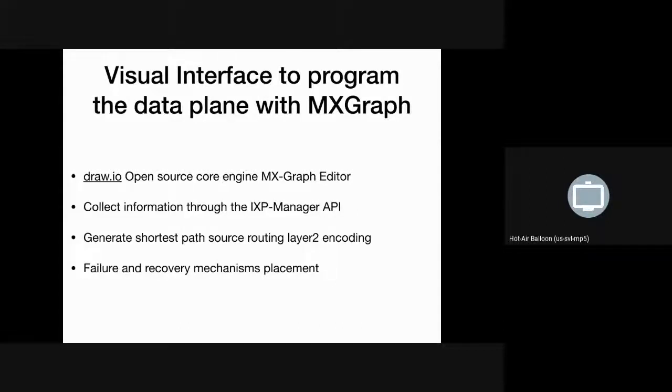And then we can place, and I'm going to do a small demo later, the different switches that have been provisioned by IXP Manager. Then we can generate, based on the shortest path, the source routing layer 2 encoding of Umbrella. And then we can do some mechanisms for placing failure and recovery.